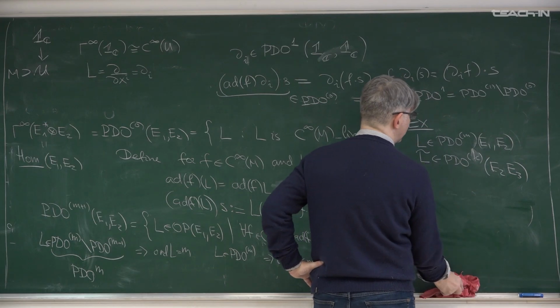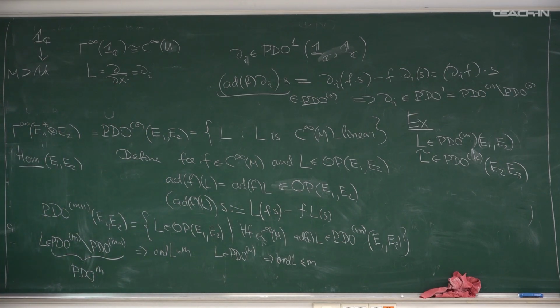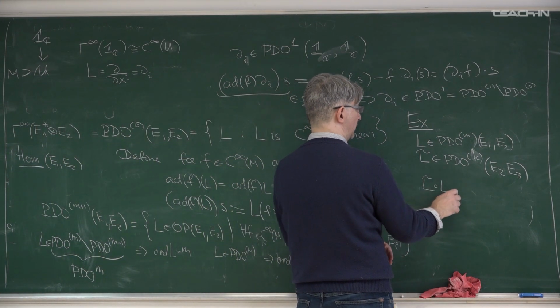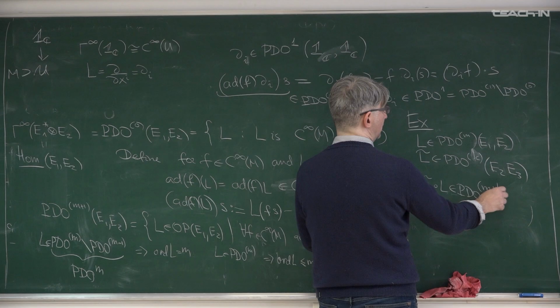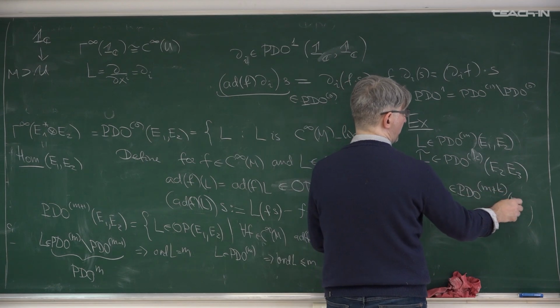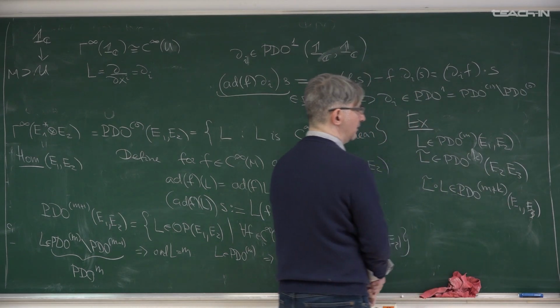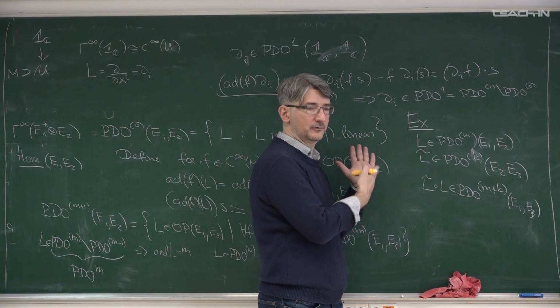Then I can consider a composition of them. In which order can these two operators be composed? First L, then L tilde. The composition of L tilde with L belongs to partial differential operators of order equal to the sum of these two orders, from sections of E1 to sections of E3. So this is an exercise to check using my formal definition.